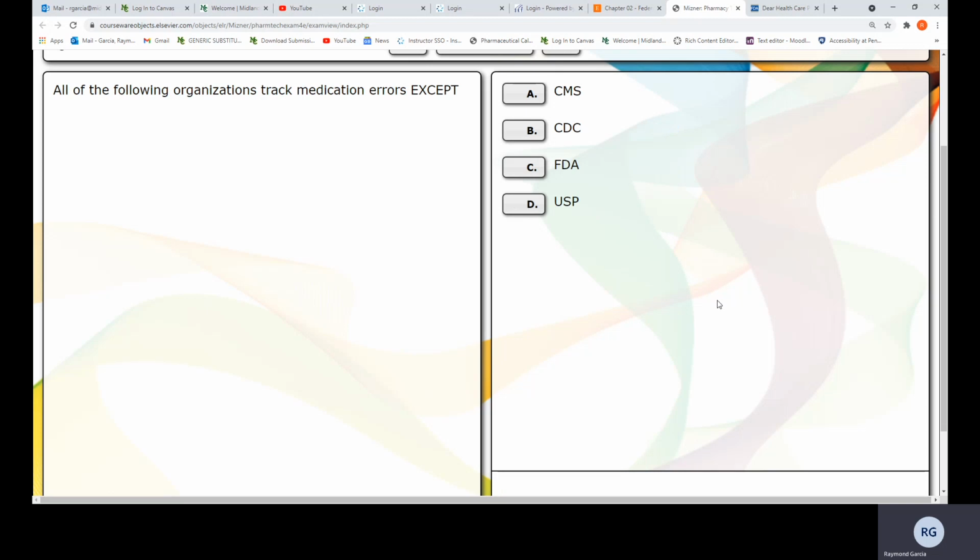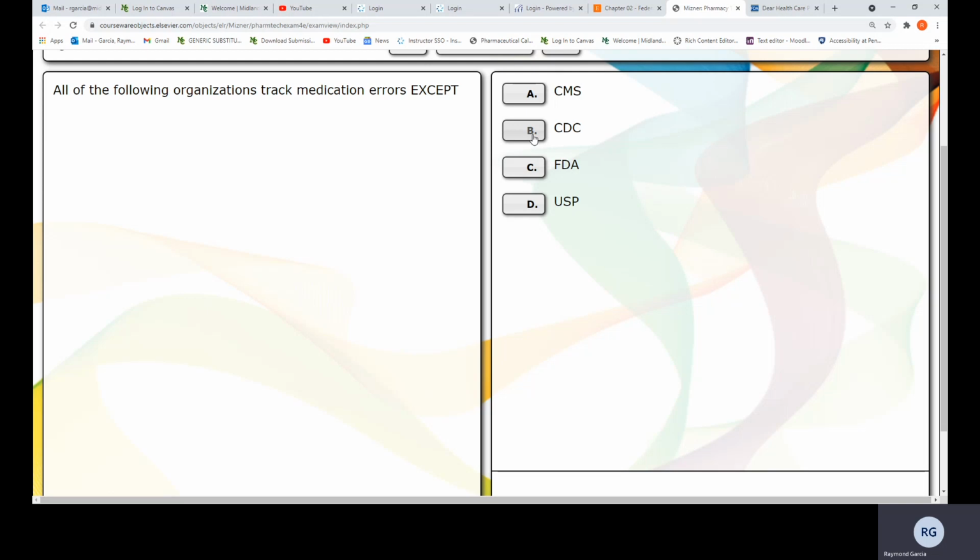All of the following organizations track medication errors except... well, we know FDA does. Let's see what CMS is. B as in boy?